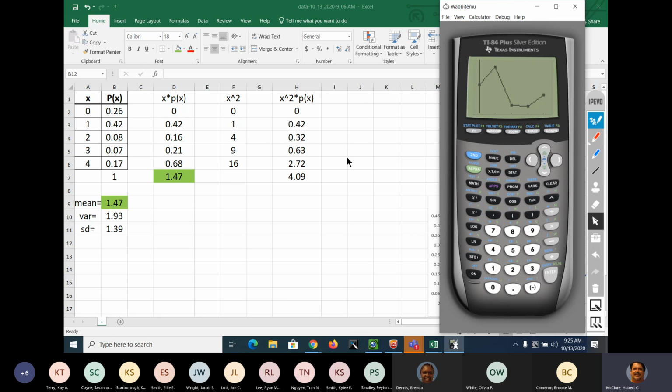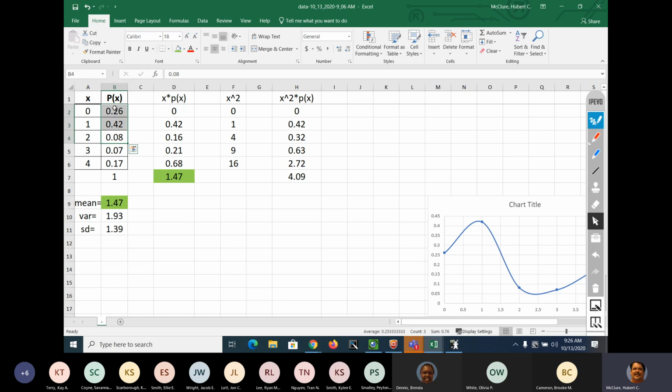And you need to be able to answer questions like at most 2. At most 2 means 2 or below, so that would be these 3 numbers. What is the probability of 4? That'd be 0.17. What is the probability of at least 2? At least 2 would be those 3 numbers. So that'd be 0.08, 0.07 is 0.15, 8 cent and 7 cent is 15 cent.